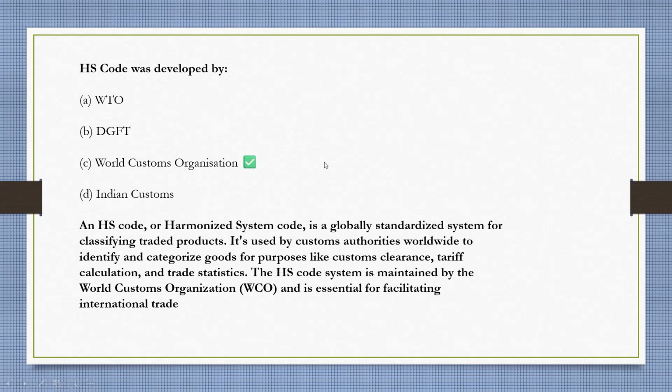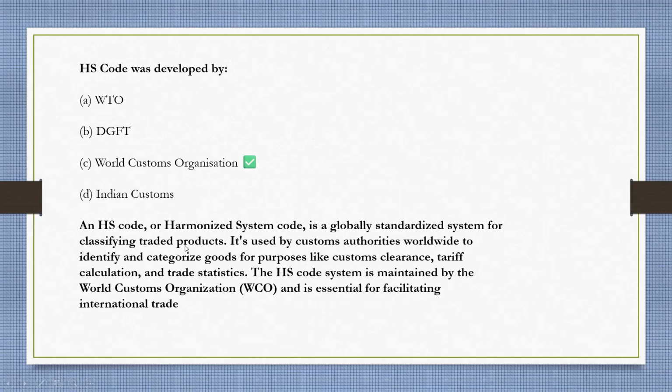So World Customs Organization has developed the HS code. HS code is very important whenever you are making any import in India. That HS code is to be entered in the shipping bill. Whether you're doing import or export, HS code is to be mentioned on the shipping bill and bill of entry. HS code is a Harmonized System code, a globally standardized system for classifying traded products.